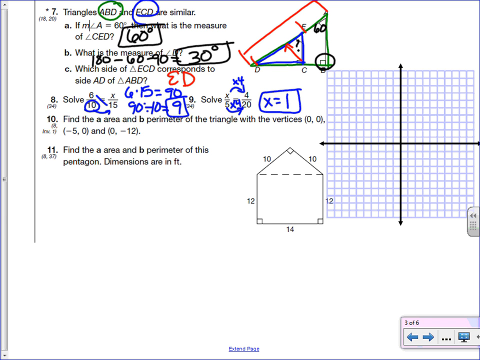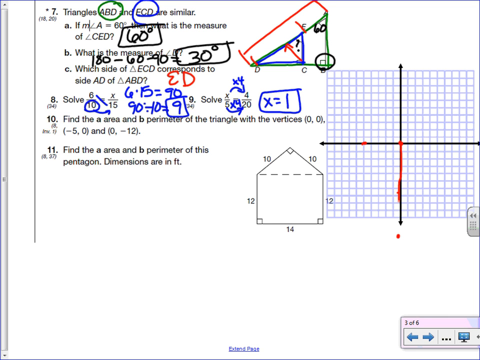In number 10, find the area and perimeter of a triangle with vertices at 0, 0, -5, 0, and 0, -12. That was a little off the page there.